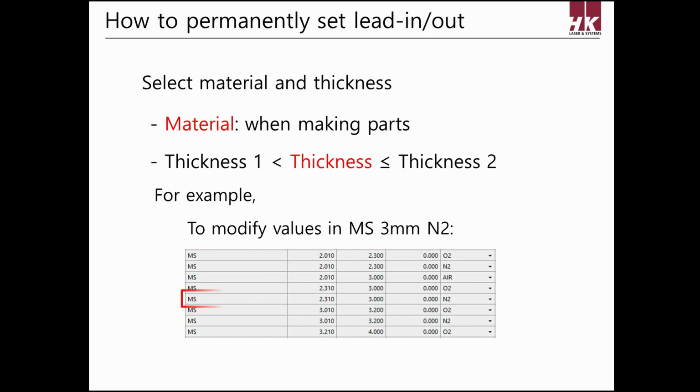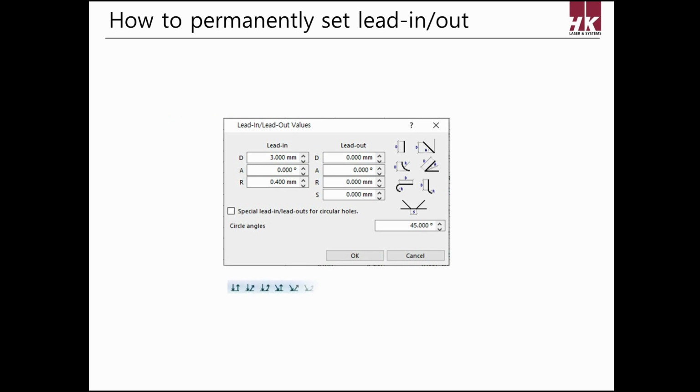The answer is the fifth one. Because material is MS, thickness 1 is 2.3 and thickness 2 is 3, which means 2.3 to 3 mm. In addition, gas type should be selected for a fiber machine to select the setting precisely. I'll skip this part because the lead in out value on the right side is available in manual setting.